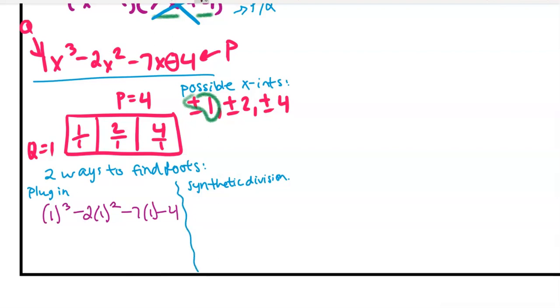And let's see, 1 cubed, that's just 1. 1 squared times negative 2 is negative 2. Negative 7 times 1 is just negative 7, minus 4. So 4 plus 7, 11, 12, 13. 1 minus 13 is negative 12. So this is not a root.